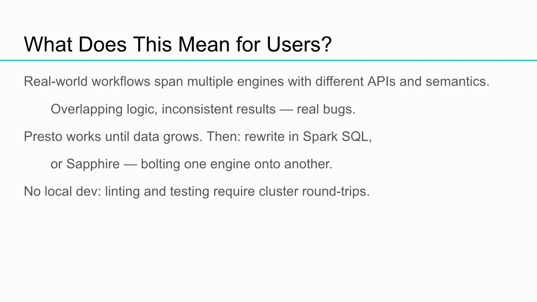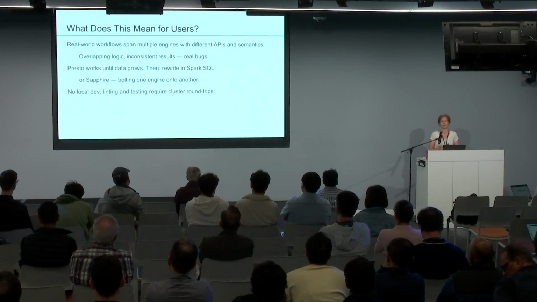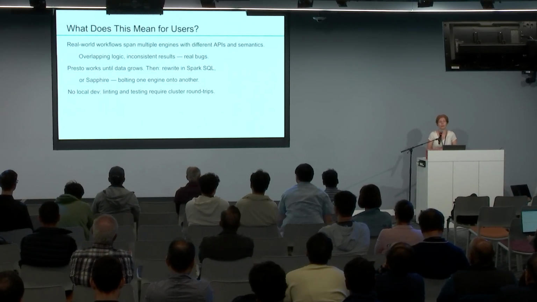Then, where possible, users try to stick to one engine. Presto can handle both interactive and batch workloads, so most teams start there. But inevitably, data volumes grow. Queries that used to work fine start hitting memory limits or running so long that reliability suffers.